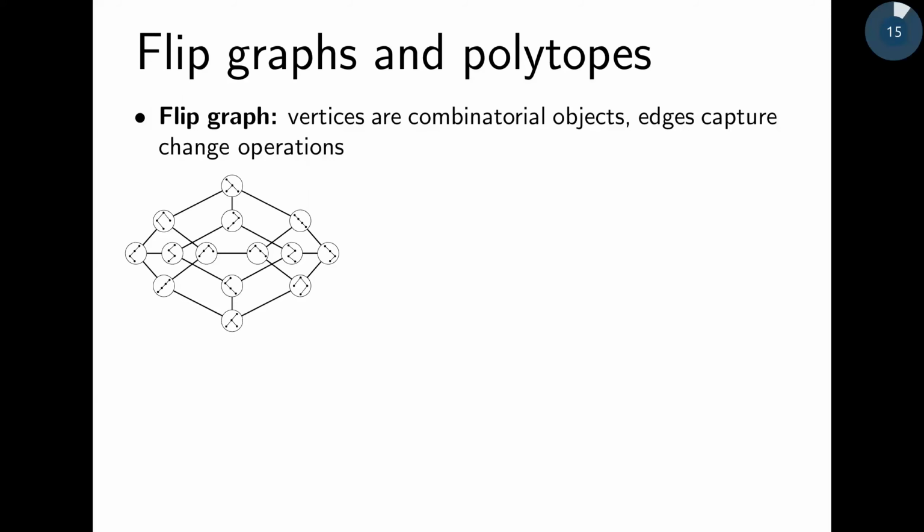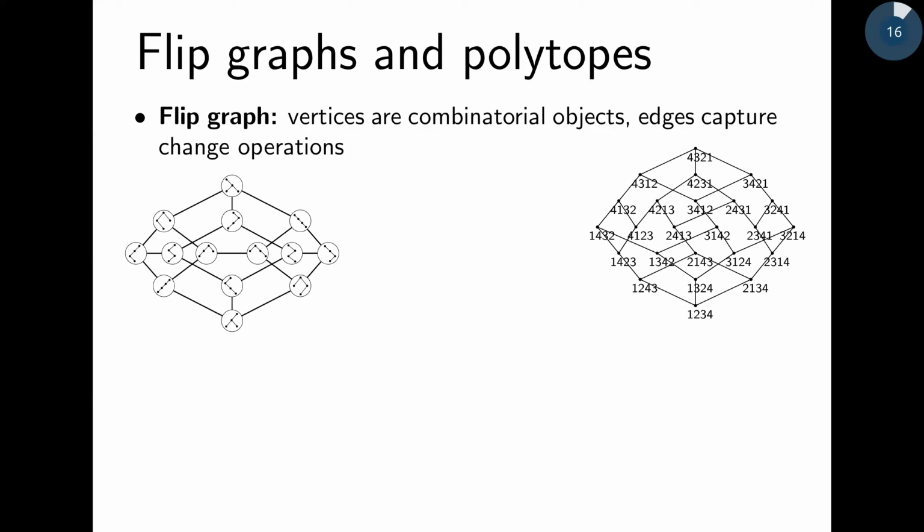So here's an example of a typical flip graph. This is the flip graph of binary trees of 4 nodes under tree rotations. And this is how it looks. And this is the flip graph of permutations of length 4 under adjacent transpositions.